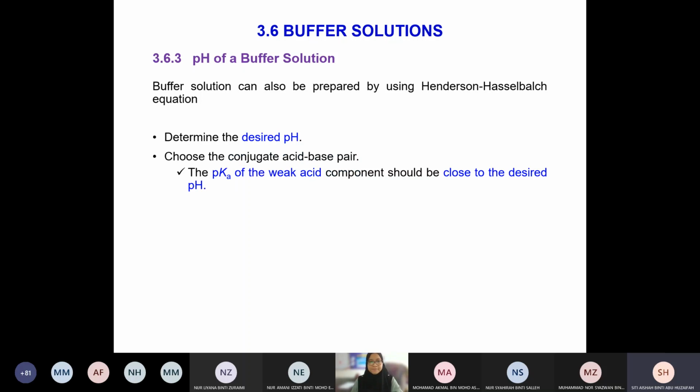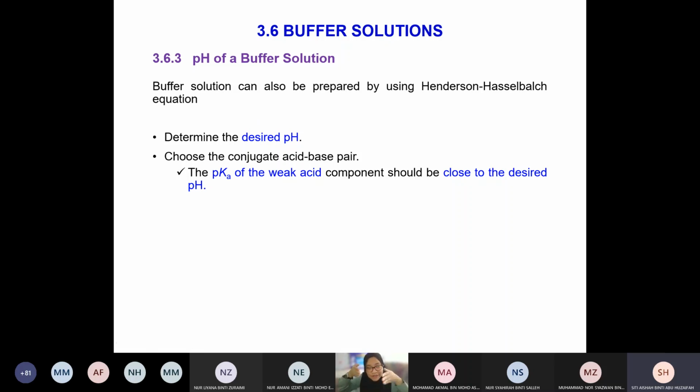Okay. C, you have to choose a conjugate acid-base pair. So the pKa of the weak acid component should be close to the desired pH. So dia punya tips dia adalah, you dah decide you punya pH kan? So you akan go for acid yang dia punya pKa is the closest dengan your desired pH.